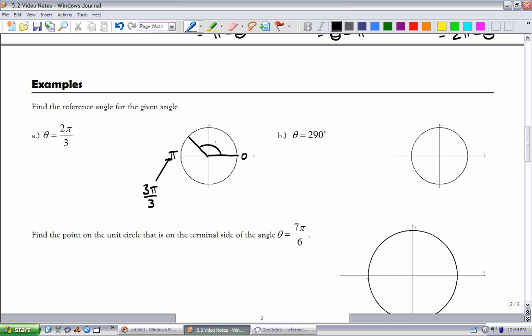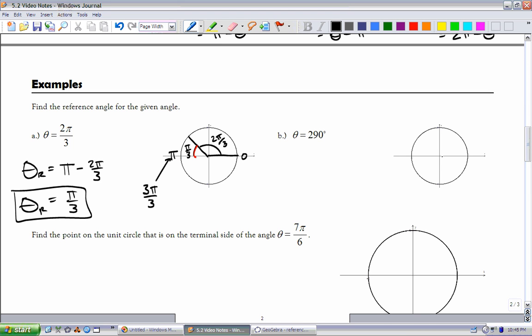If this is the angle 2 pi over 3, then there's only 1 pi over 3 left as a reference angle to make it to pi. Or you can use the formula: my reference angle has to equal pi minus my theta, which is 2 pi over 3, leaving me with pi over 3. And that is my reference angle for the angle 2 pi over 3.